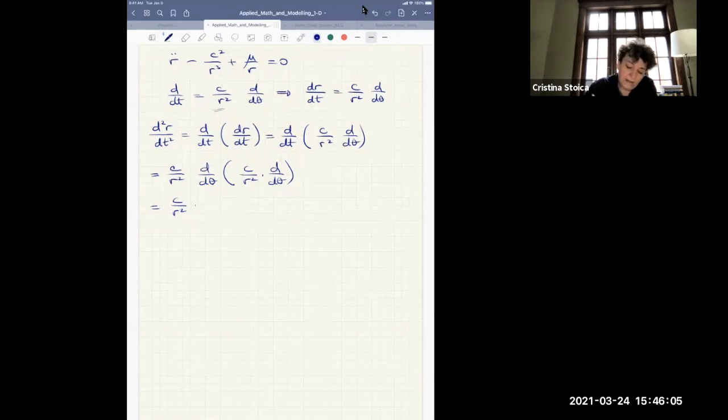And R is a function of theta. So it will be minus 2 C over R cubed dr d theta.